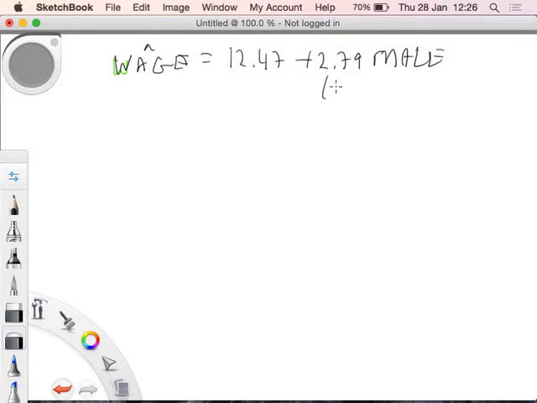Now, this is the standard error, and the 95% confidence interval.